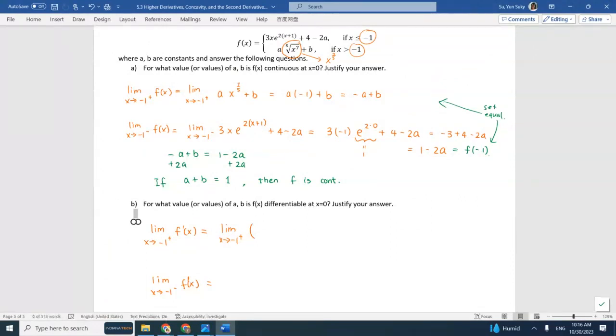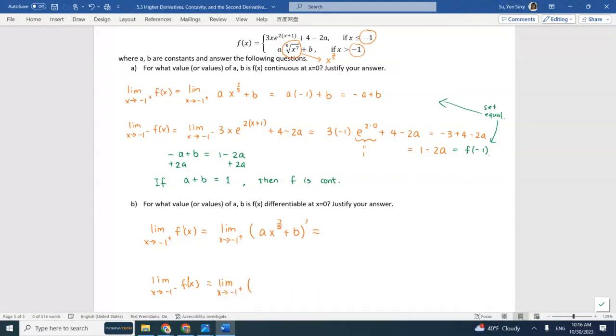Is this the formula you need to take the derivative? So let's write it down. This formula, a times x^(7/5) + b. We want to take the derivative. And on the other hand, let's also write this down.